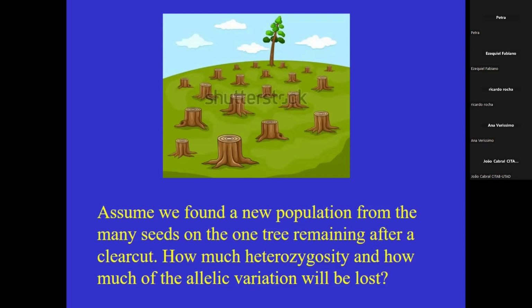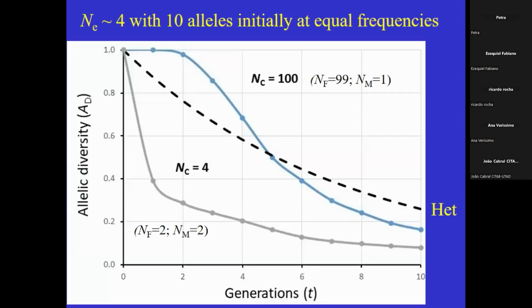So just like the theory here, heterozygosity is going to decline very quickly. This is going to have an NE of 4, so this is what's going to happen to heterozygosity. I should have done this the other way around.